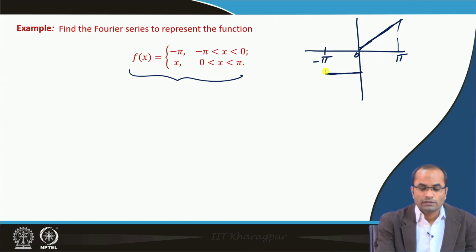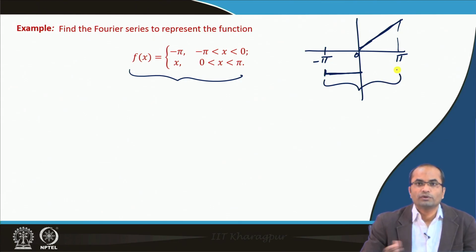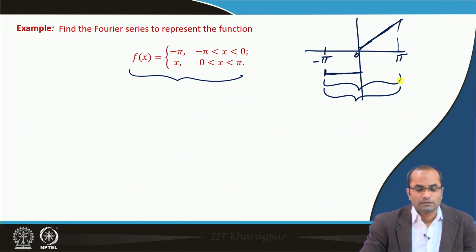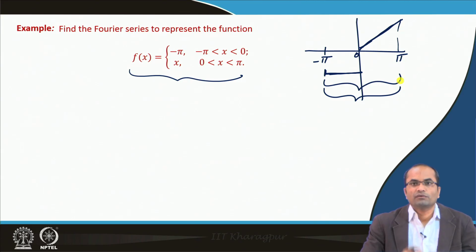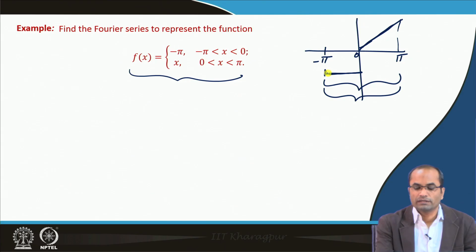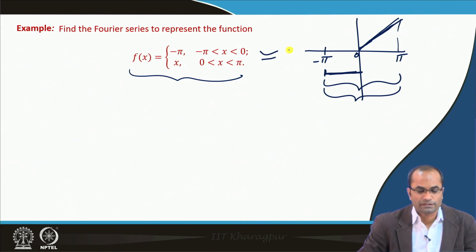So, it will be a 2 pi periodic function to which the Fourier series will converge. But just to write the Fourier series we need a function defined in some interval. In this case it is given in the interval minus pi to pi, and now we will write the Fourier series, and if it converges, it will converge to this 2 pi periodic function, where in one period the function is represented by the given function here.